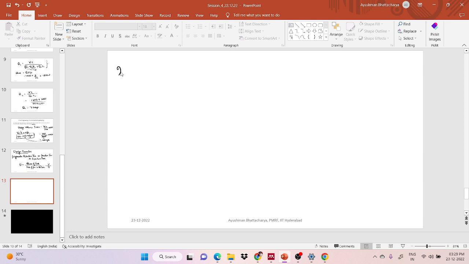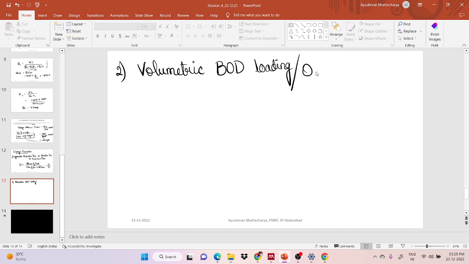Second thing is volumetric BOD loading, or you can call it organic loading rate. Not only are these words important for GATE, they are in fact important for any interview which you will be giving.